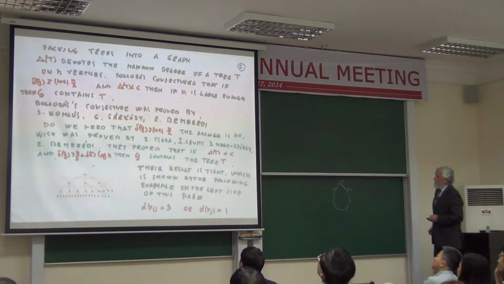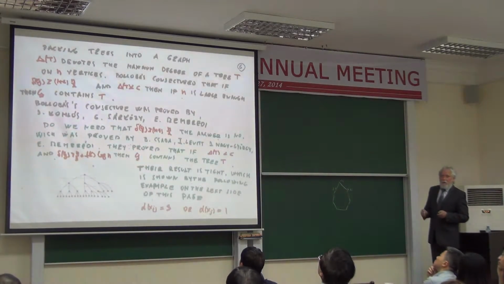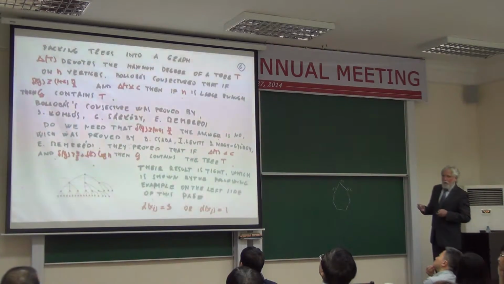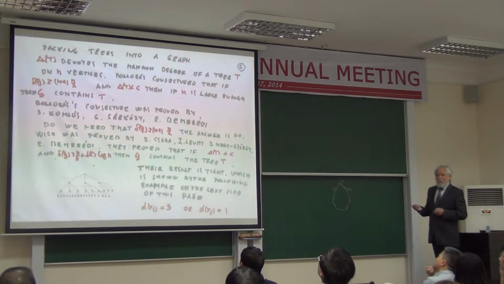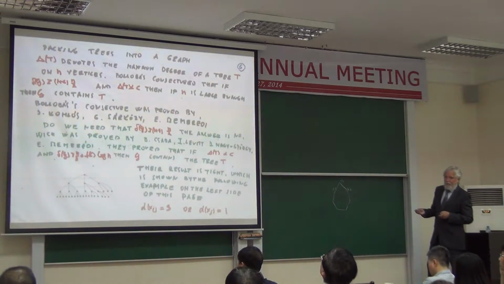Now the next one is packing trees into a graph. So what is packing? You are given two objects, a graph which is a host graph and another graph which is a guest graph. And the host graph and the guest graph have the same size, namely they have exactly the same number of vertices.